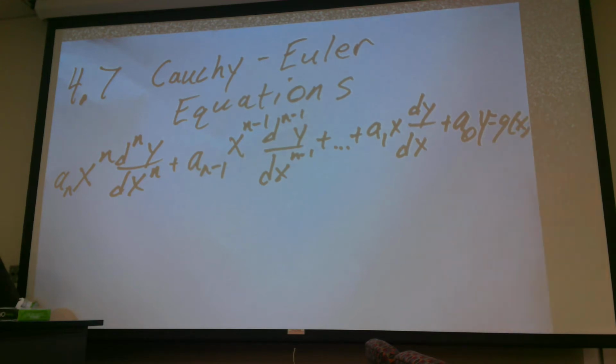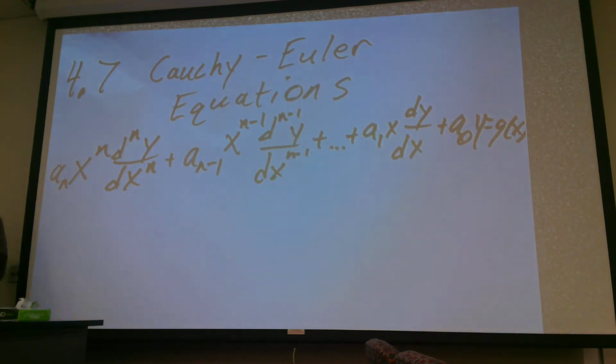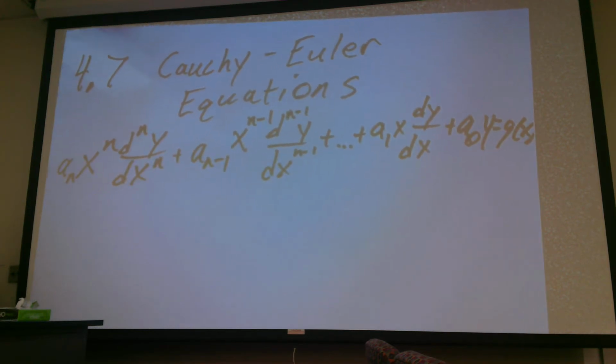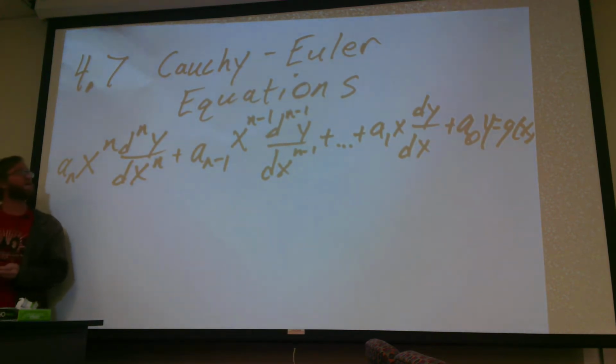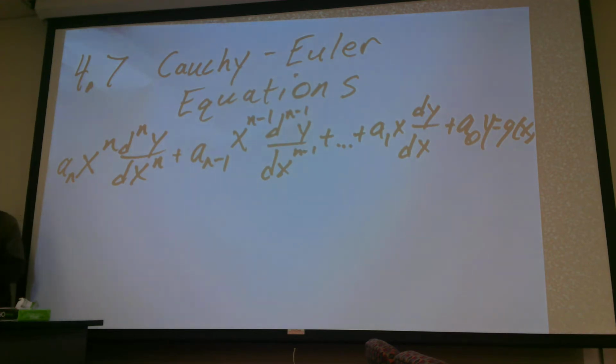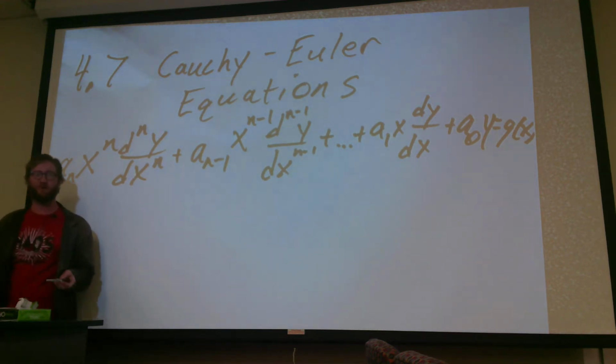If it is a non-homogeneous Cauchy-Euler differential equation. Okay? So, when we see a problem like this, the assumption that Cauchy and Euler went by was, well, what if the solution to the homogeneous portion of this problem is just some power of x?